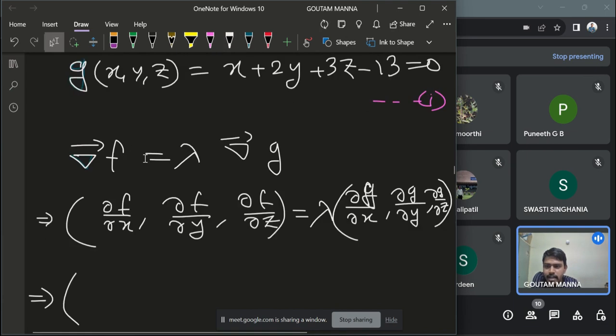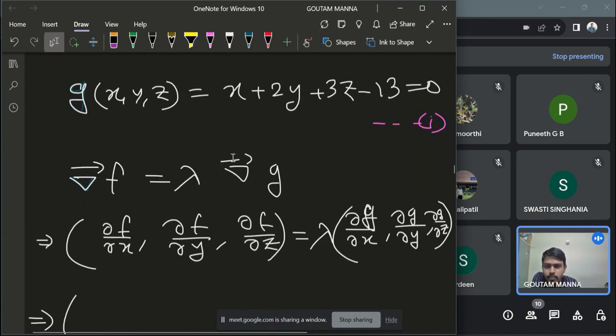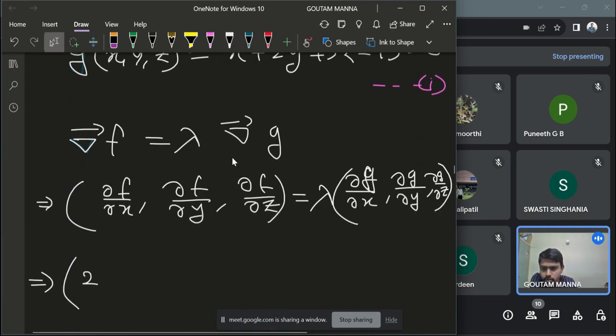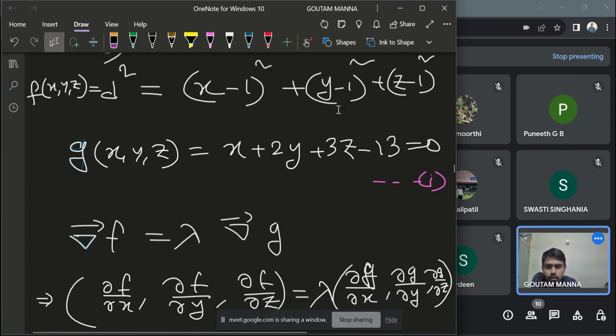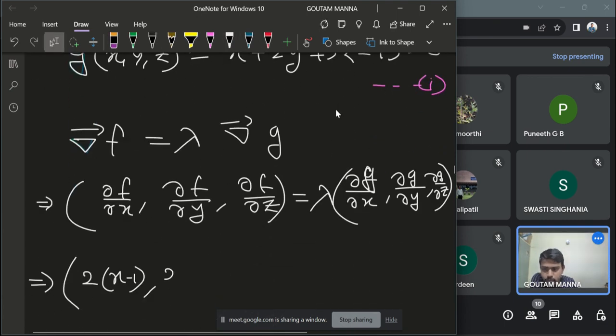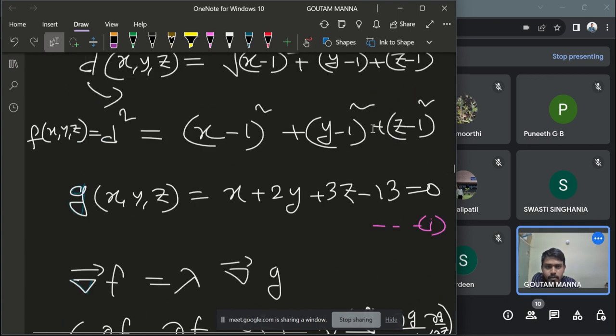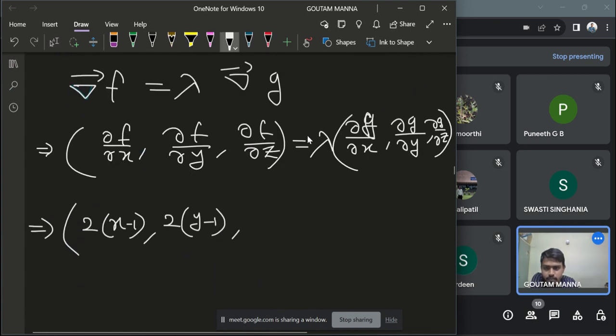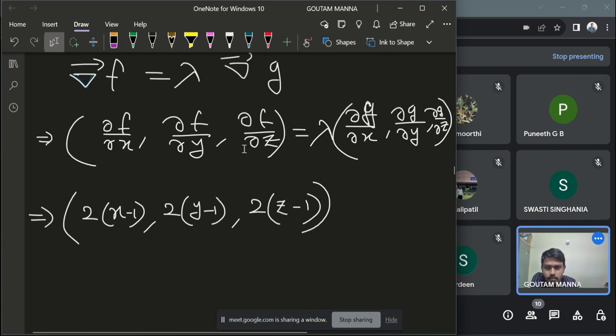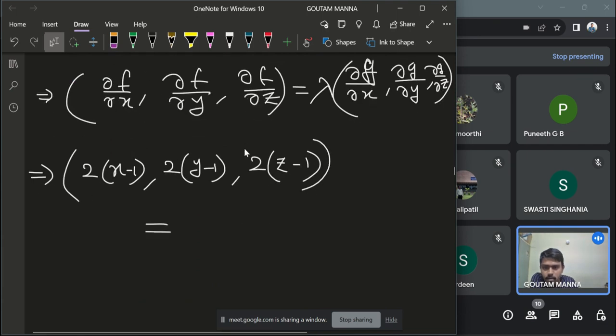Now del f del x is twice (x minus 1). Del f del y will be twice (y minus 1), and del f del z will be twice (z minus 1). And the right hand side will be lambda times del g del x.